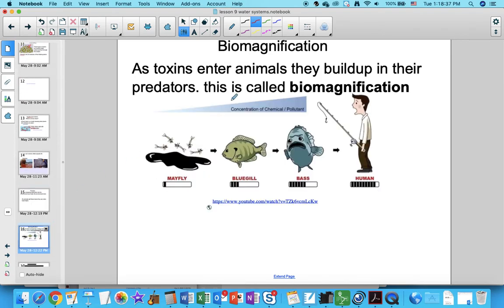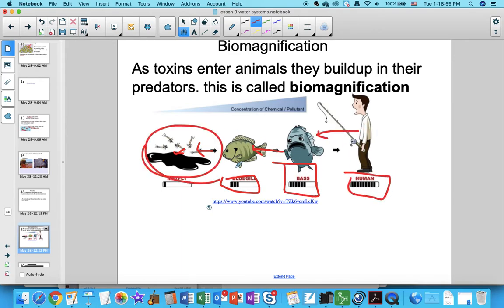This is called biomagnification. As toxins enter the animals, they build up in their predators. So the mayflies take a little bit of poison. This fish eats the mayfly larva, which builds up more poison. The bass then eats that, which builds up more poison. And then when it gets to us, we consume all of that poison over time.